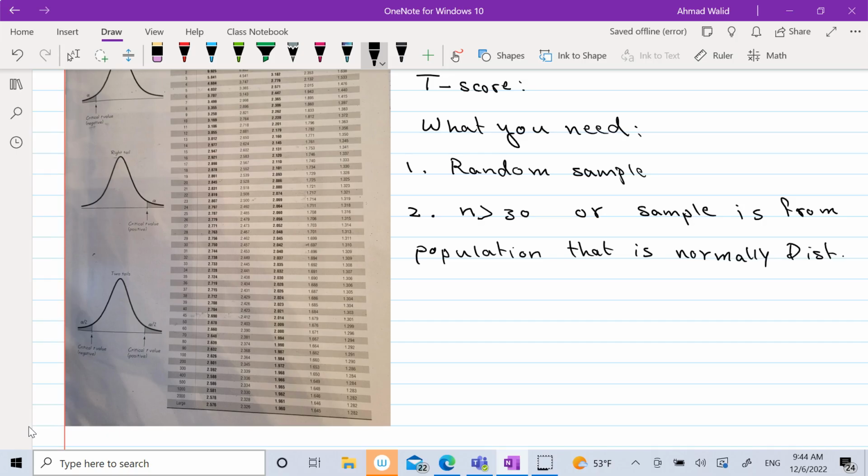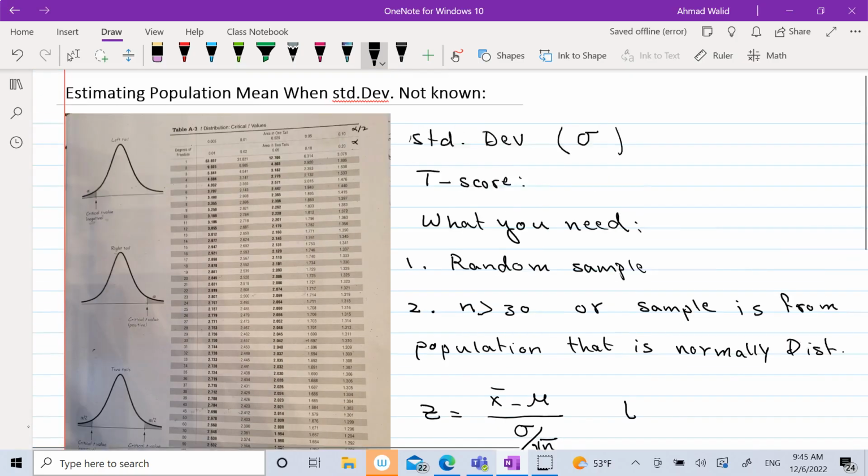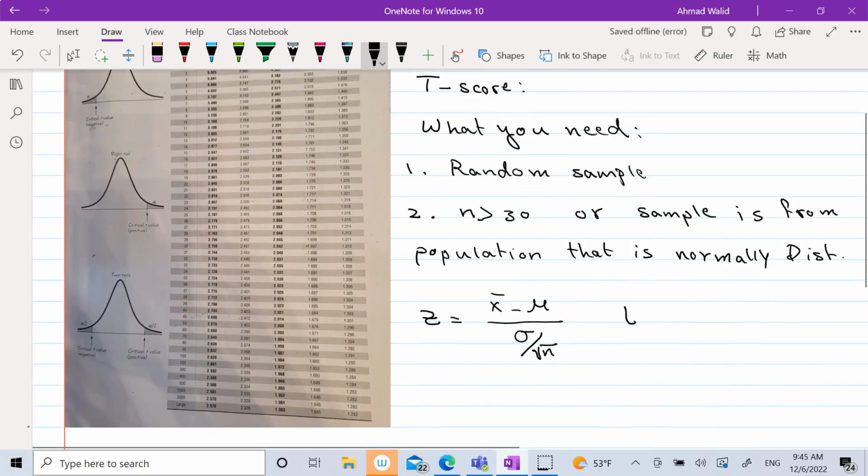Correct? Before, our formula for the z-score was z equals x bar minus mu over sigma over square root of n, because we knew the standard deviation. What we do here, instead of z, we use t, the t-score. It should be lowercase t.